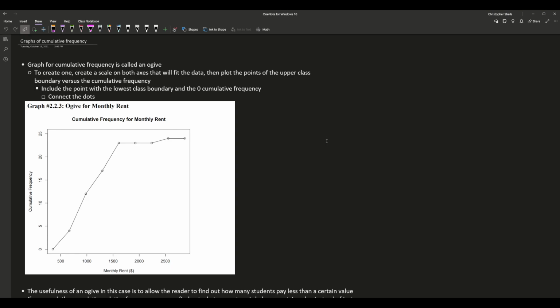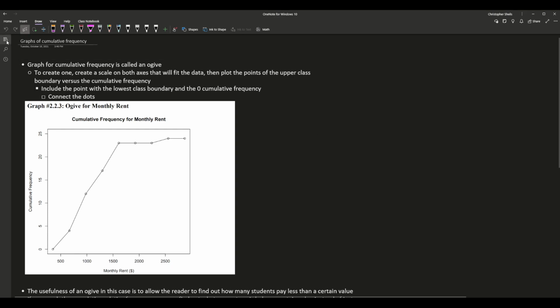To create one of these, you want to create a scale on both axes that will fit the data, and then you want to plot the points of the upper class boundary versus the cumulative frequency. We want to include the point with the lowest class boundary and the 0 cumulative frequency. And from there, we just want to connect the dots.